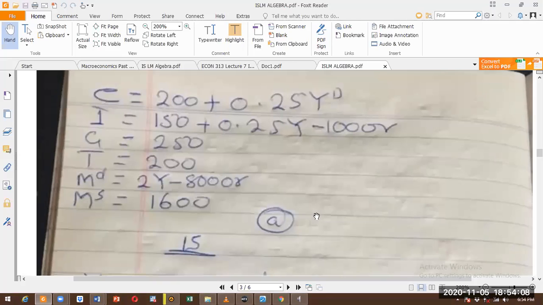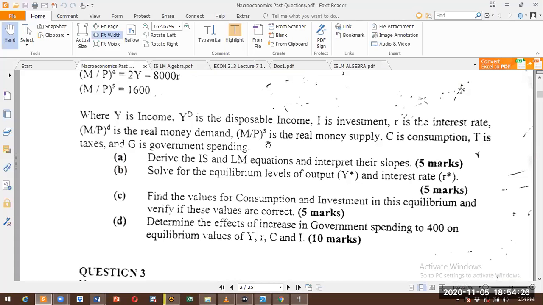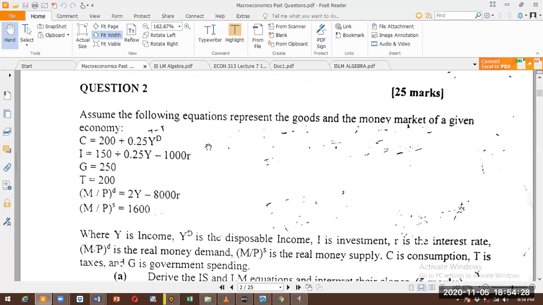The first question was to find the IS and then the LM equations and interpret their slopes. That was the first question. This is it.